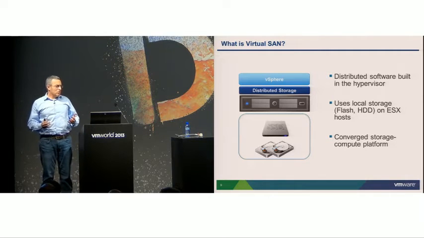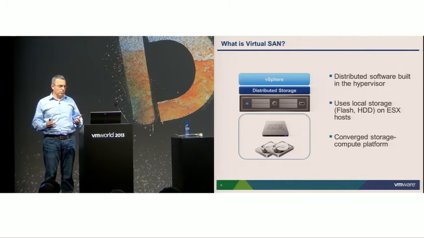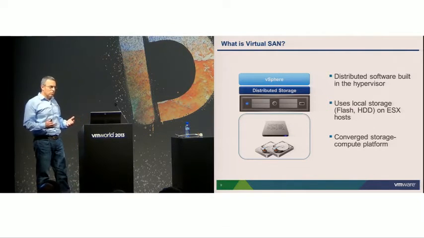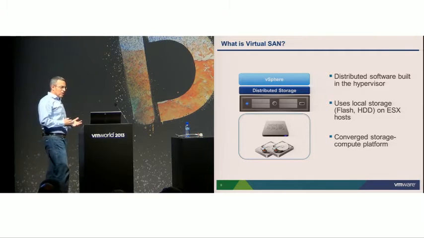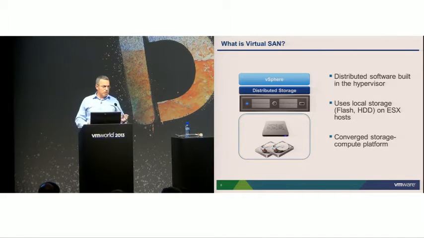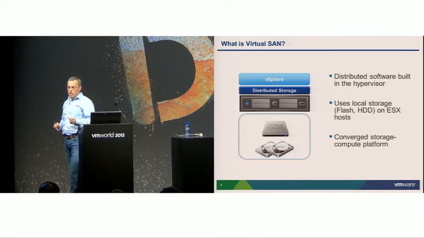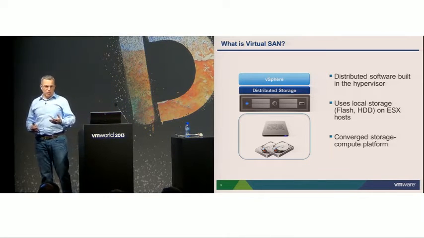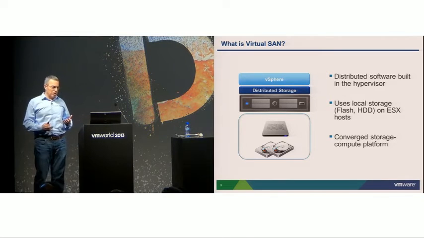So in other words, it provides a converged compute and storage infrastructure where you have ESX hosts where your VMs run as usual, while at the same time a small slice of CPU and memory from every one of those ESX hosts is used to serve the storage needs of your VMs and your applications.